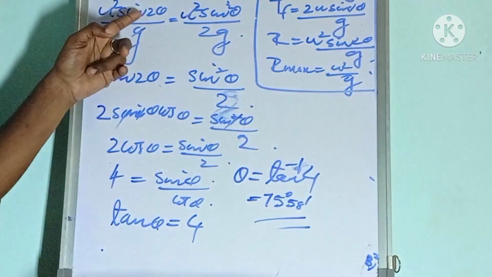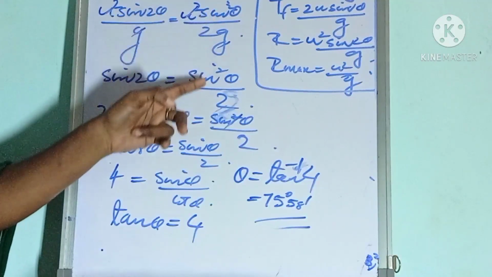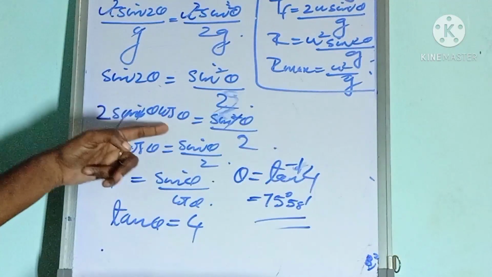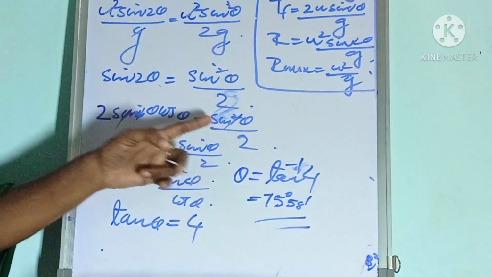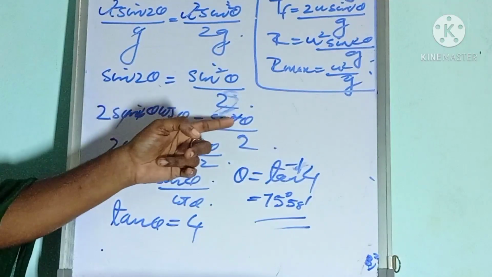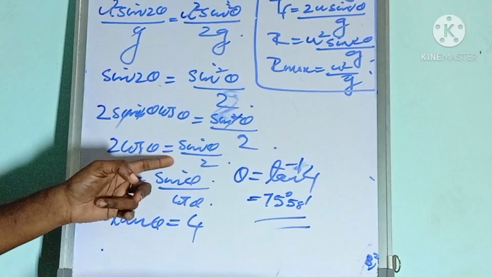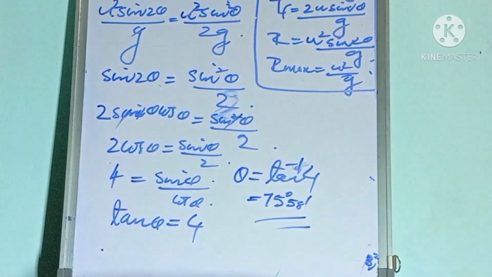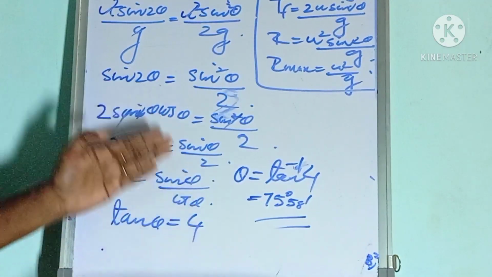The remaining terms are sin 2 theta equal to sin square theta by 2. Then sin 2 theta can be written as 2 sin theta cos theta, equal to sin square theta by 2. Now sin theta cancels and 2 cos theta is equal to sin theta by 2, or 4 is equal to sin theta by cos theta, which is tan theta, equal to 4. From this theta can be written as tan inverse 4, and the value of tan inverse 4 is 75 degree 58 minute. Okay, all of you got it?